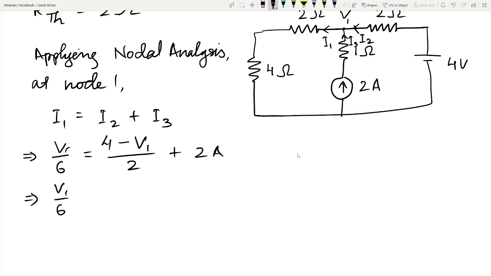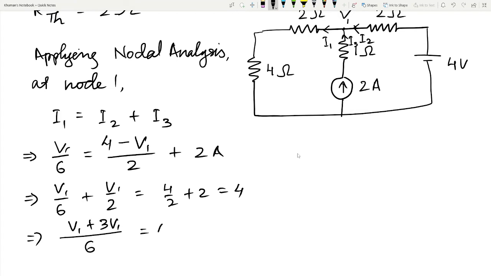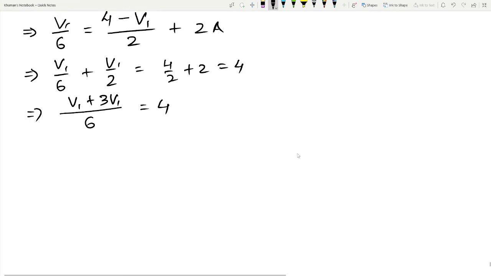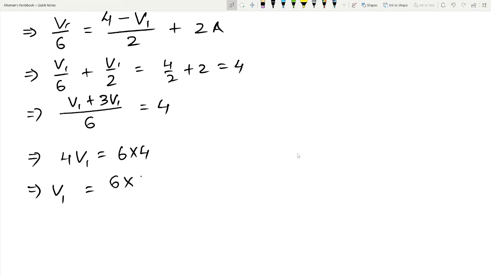So V1 by 6 plus V1 by 2 equal to 4 by 2 plus 2 equal to 4. And it is V1 plus 3 V1 equal to 6 into 4, implies 4 V1 equal to 6 into 4, so V1 equal to 6 into 4 by 4 equal to 6 volt.